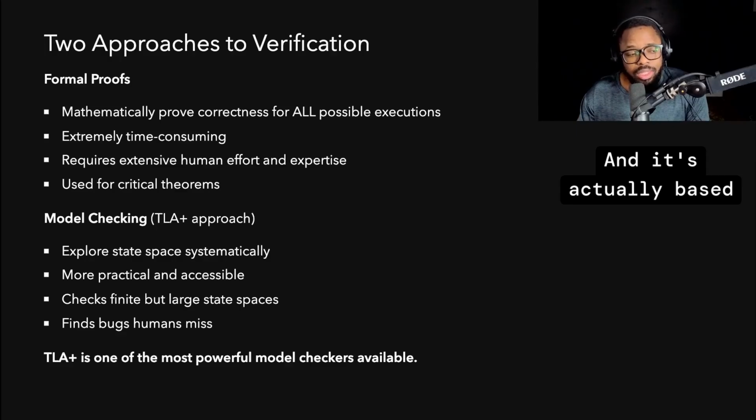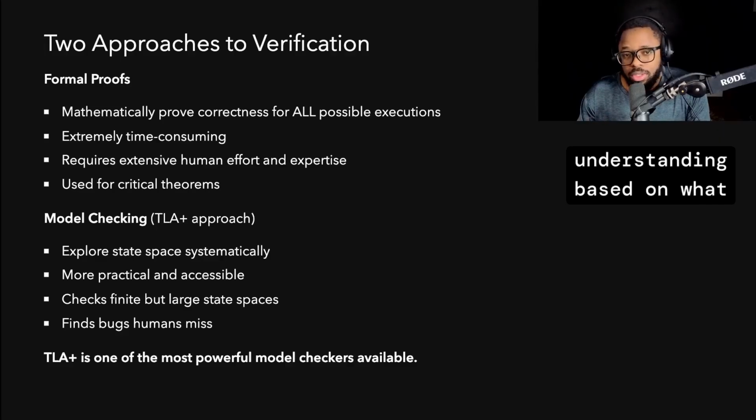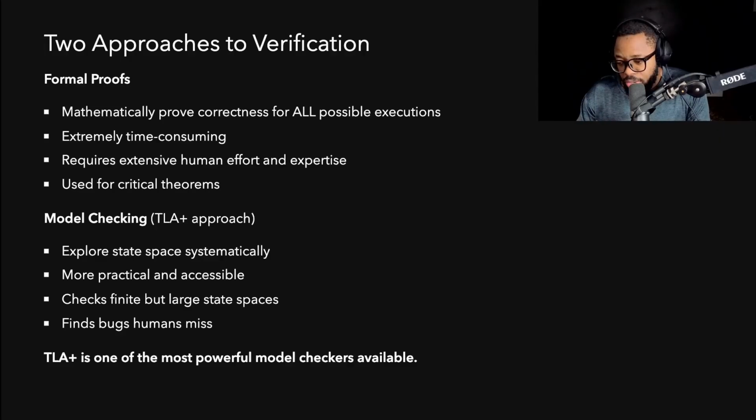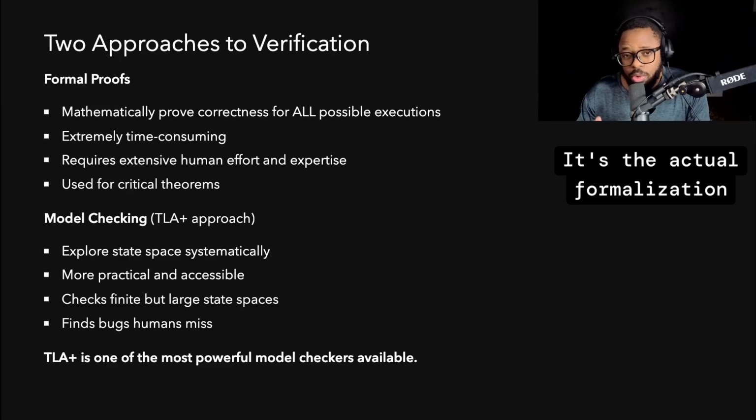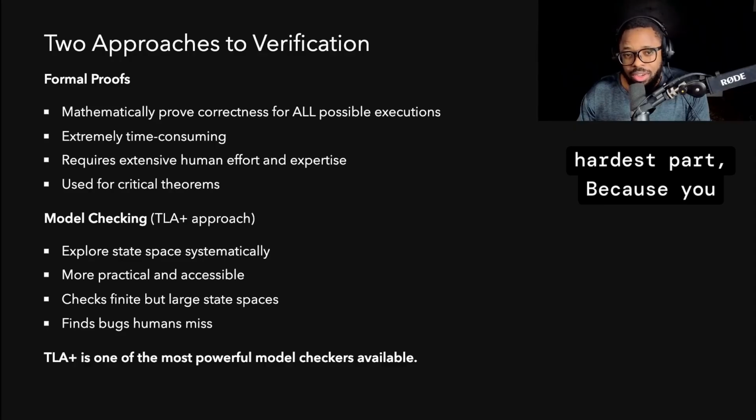And based on my understanding, I haven't done formal proofs professionally, but based on what I've read, it's the actual formalization of the thing that you're trying to prove that can be, to some degree, the hardest part, because you really need to understand how the system is supposed to behave in order to formalize that expected behavior.